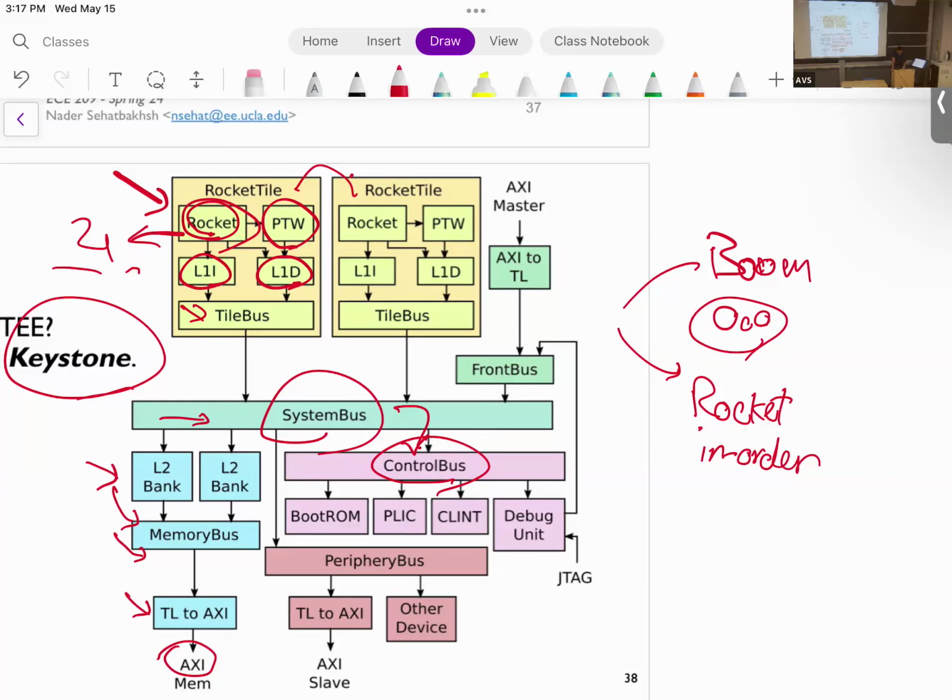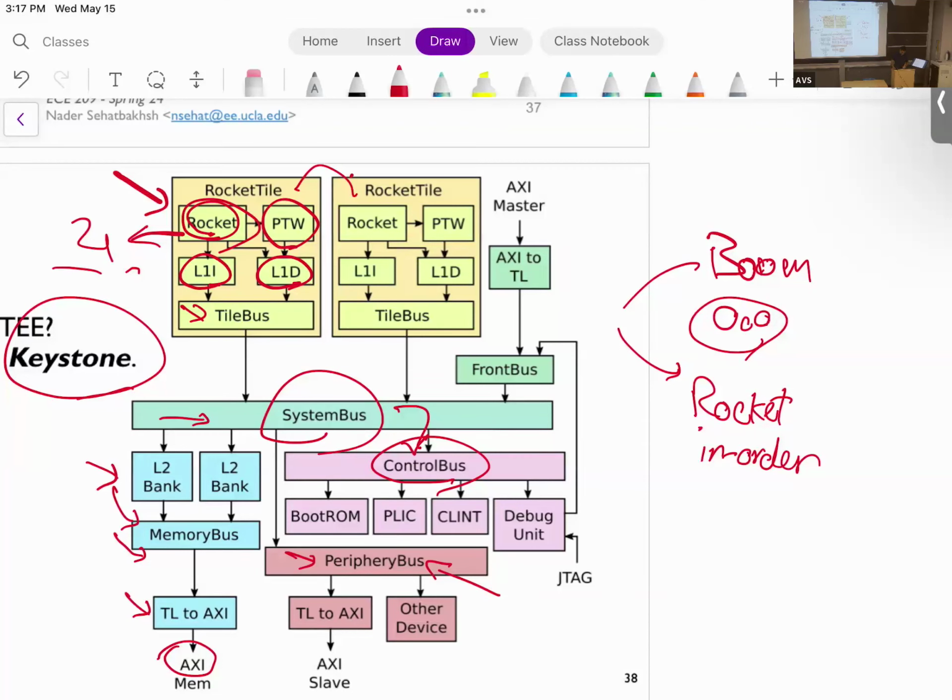And then the system bus is also connected to the periphery bus. This is where all your peripherals, all your external connections, all these other PCIe cards, or if you have a GPU, or an external disk and all those things, are connected. The periphery bus usually can handle multiple different technologies and protocols.